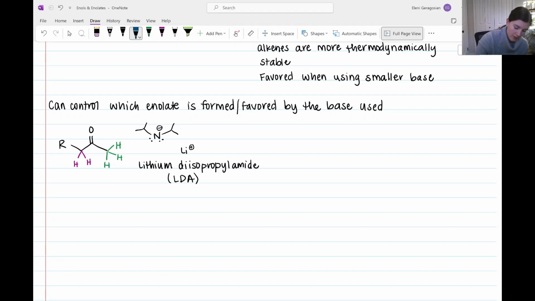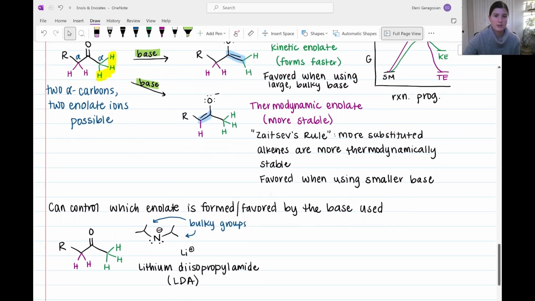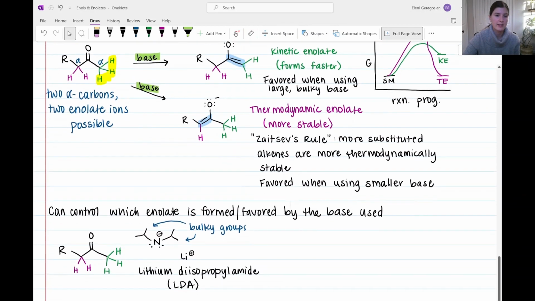So these now are bulky groups. The 2 isopropyl groups take up a lot of space around the nitrogen, so we call this a bulkier base. So this would favor, go back to earlier in the video, this would favor forming the kinetic enolate.